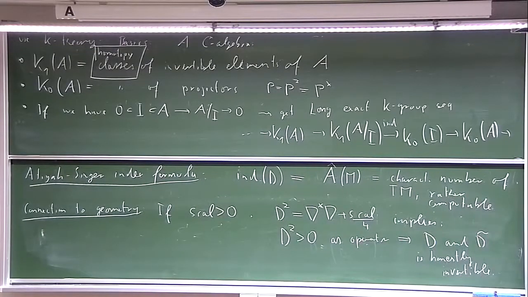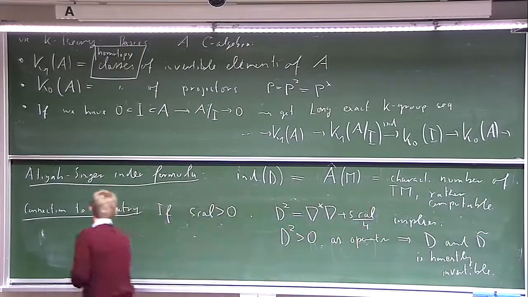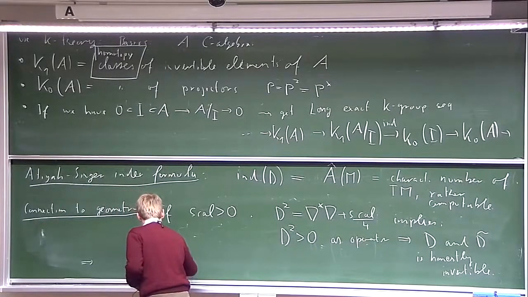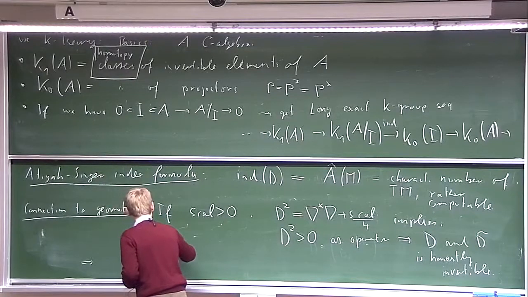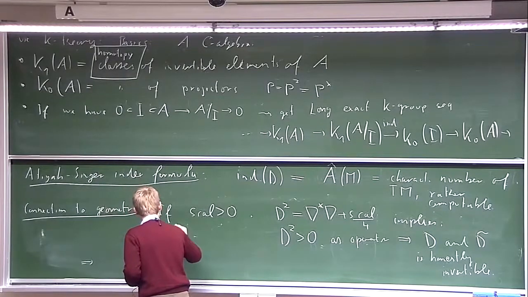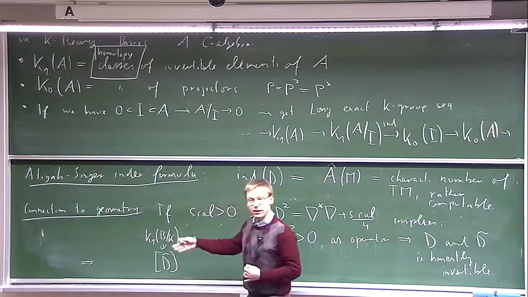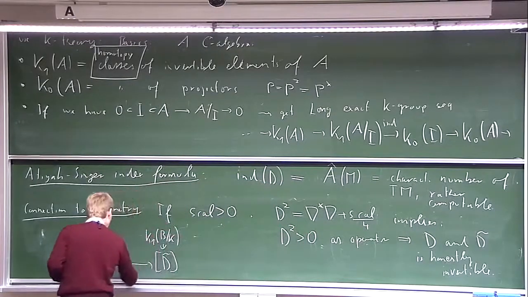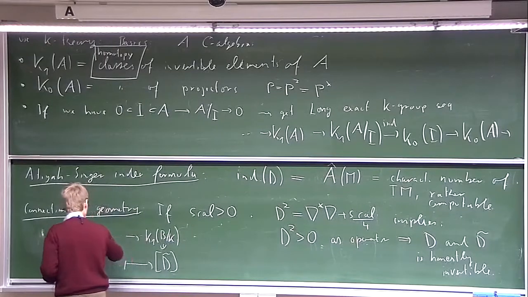Right. And now, I guess I didn't really set this up well, but this implies that our class of the Dirac operator, which lived in K1 of bounded operators modulo compact operators, actually we didn't have to mod out the compact operators, right? We could have defined the class inside K1 of the bounded operators.